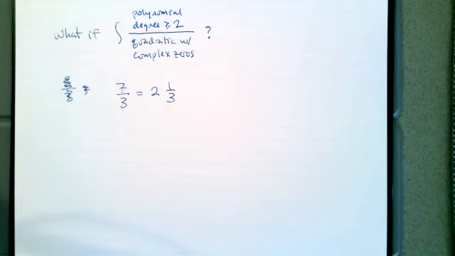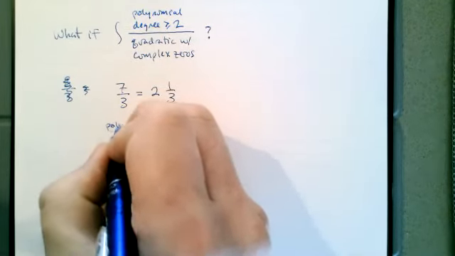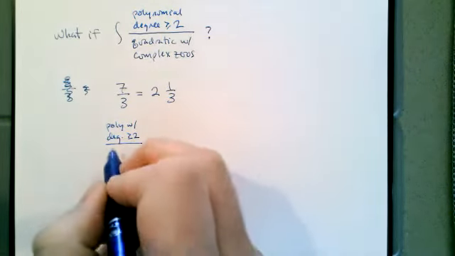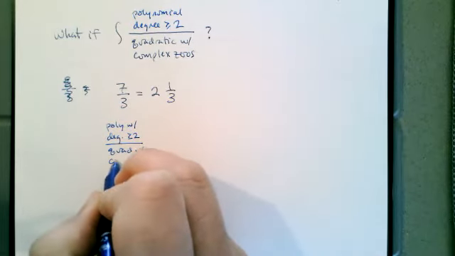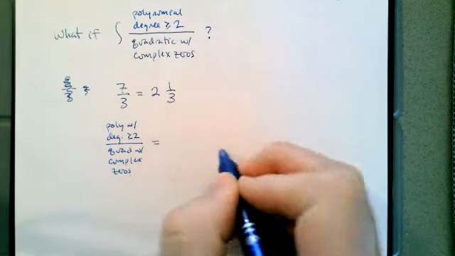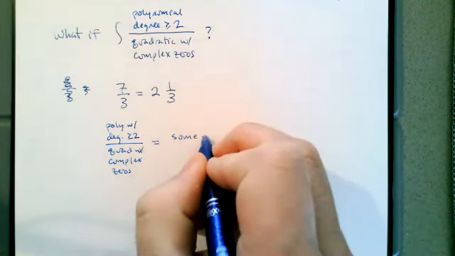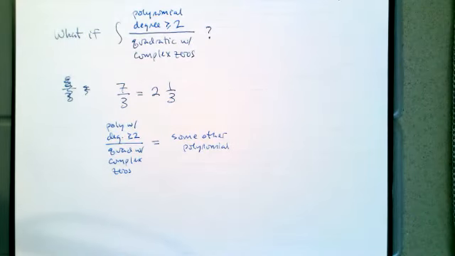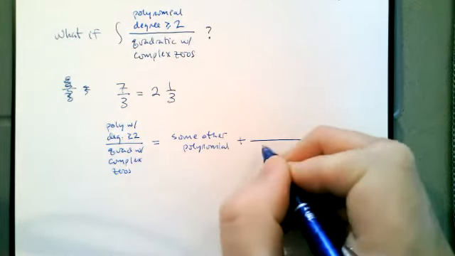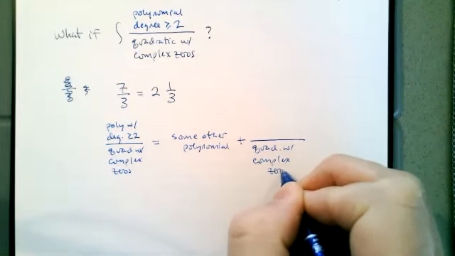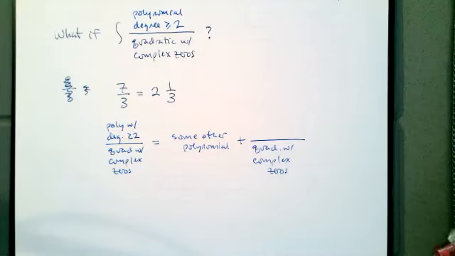We're going to go from a polynomial of degree greater than 2 over a quadratic with complex zeros, and rewrite it so that we get a polynomial, that's going to be our whole number, plus a fraction where we still have the same quadratic with complex zeros, but now the numerator will be degree less than 2.